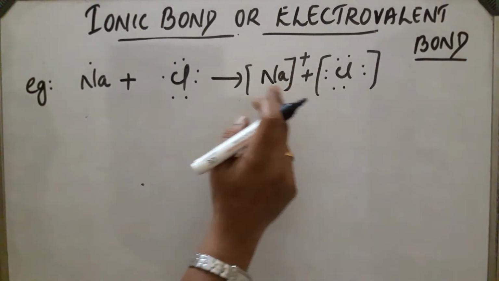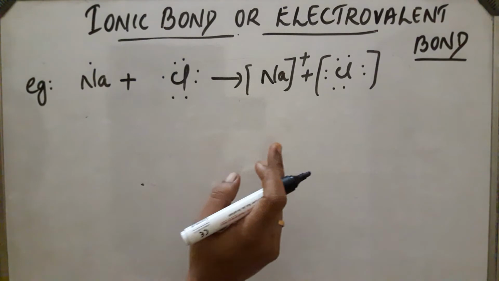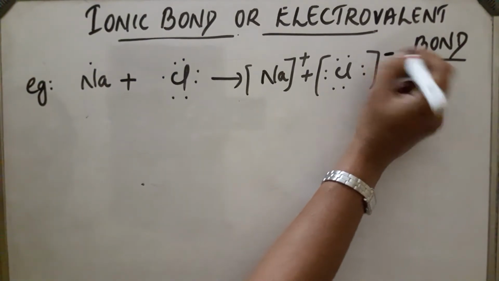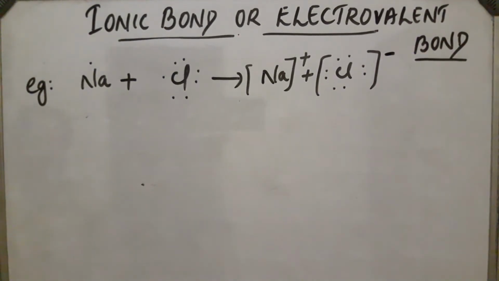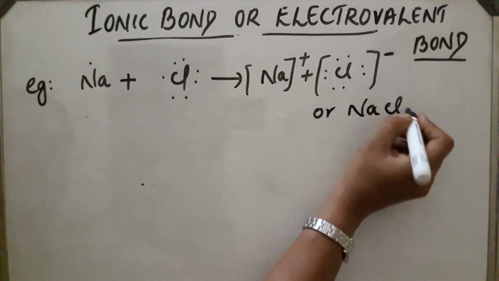Sodium also, by losing, gets 8 electrons in the outermost shell, so it acquires an octet. Chlorine changes to a minus ion. So Na plus ion and chlorine minus ion, these two attract each other and form a bond, and NaCl is obtained.